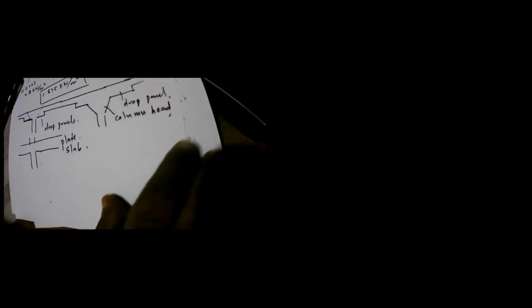Also has a column head. So these are some variations, but what we prefer for a large building is just the slab or a plate, a slab with no drop panels, no column heads, and that is the preferred shape.